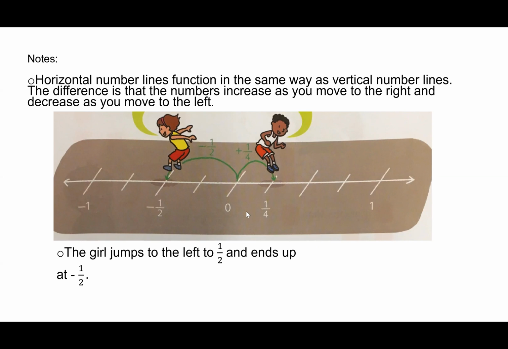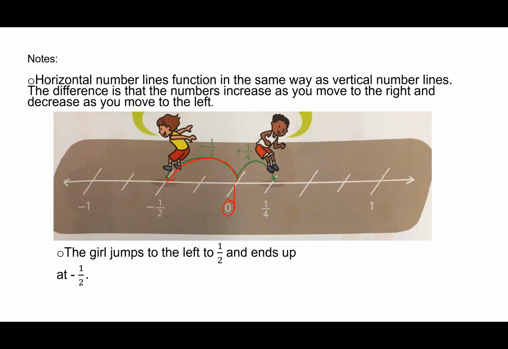So let's follow our little Singapore Sally and Singapore Sam right here. Singapore Sally jumps to the left 1/2 and ends up at -1/2. So do you see what we're doing right here? She started at 0. The amount that she jumps is just 1/2, and we're not working with units here right now, so it's a little bit wonky, but she just jumps 1/2 to the left, so she ends up at -1/2, right?